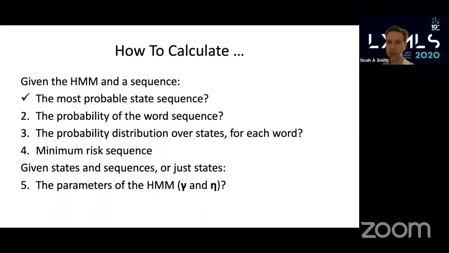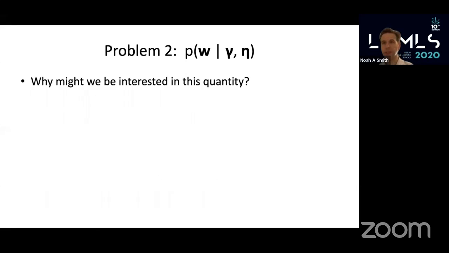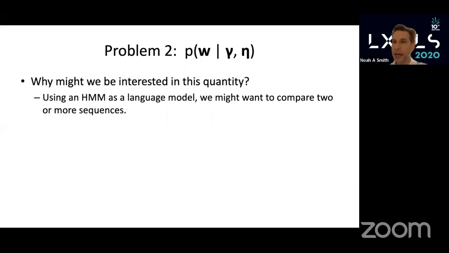The next one is the probability of the word sequence given the model. This is an interesting quantity because it relates back to language models. Remember at the very beginning, we talked about n-gram models, Markov models without the word hidden in them, that give us the probability of a sequence of words.